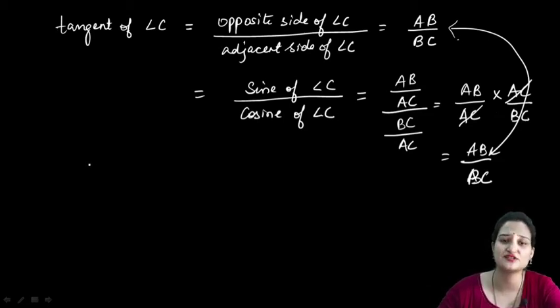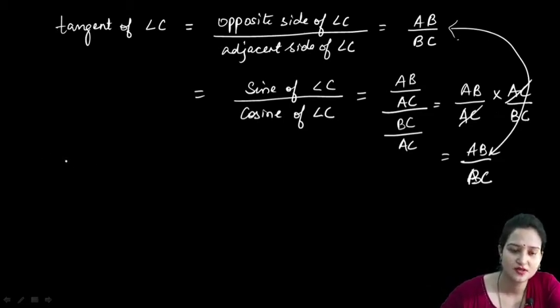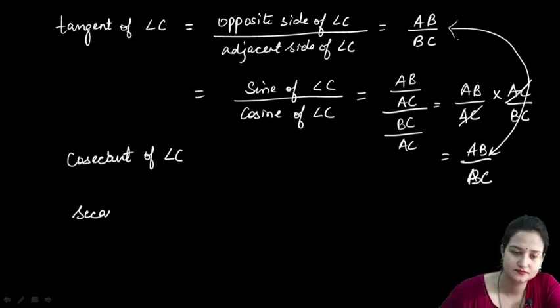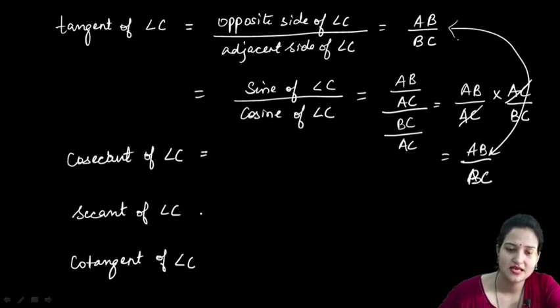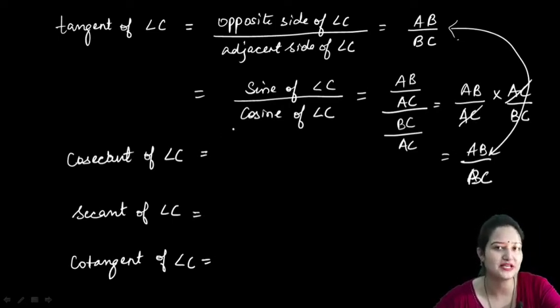Similarly, for the next three trigonometric ratios, which are cosecant of angle C, secant of angle C, and third is cotangent of angle C. These are the reciprocals of the first three trigonometric ratios.